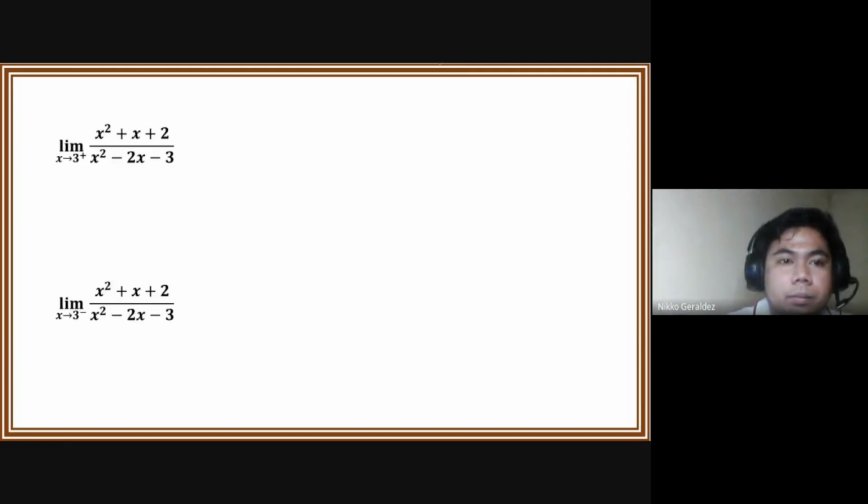Okay, let's have an example. The limit of x squared plus x plus 2 over x squared minus 2x minus 3 as x approaches 3 from the right.